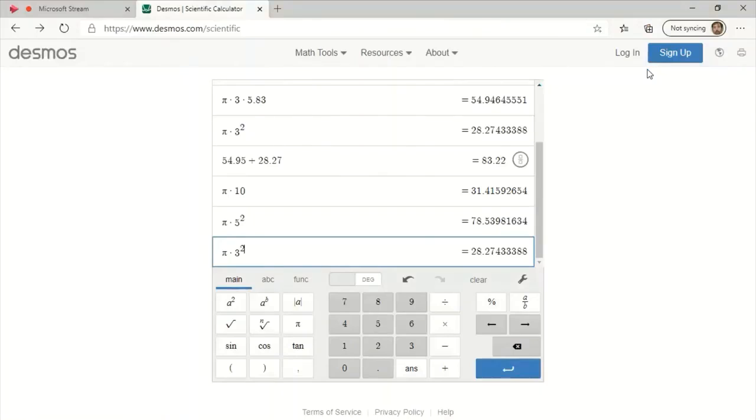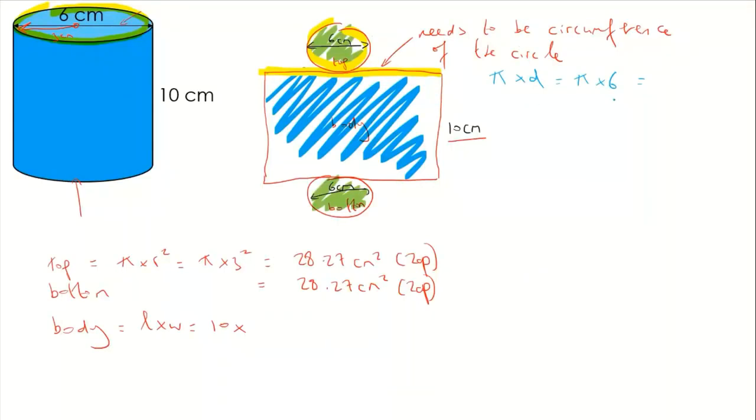So if I do pi times 6, you get 18.85 centimeters to 2dp. So now this rectangle is 10 long and 18.85 wide. And 10 times 18.85 is 188.5 centimeters squared.